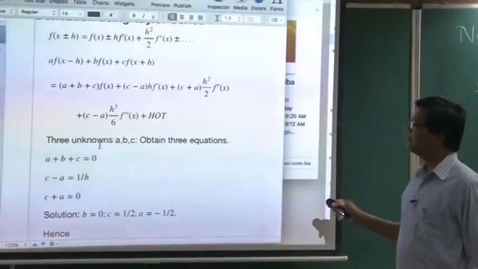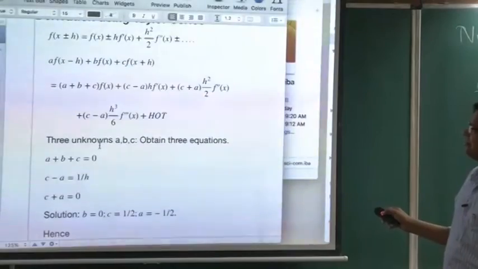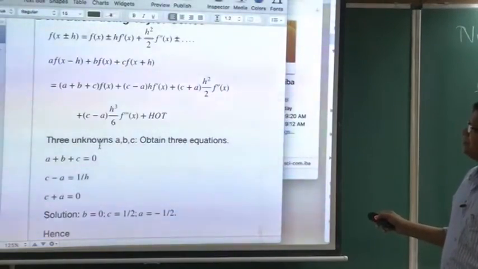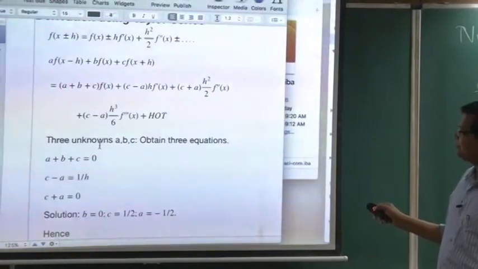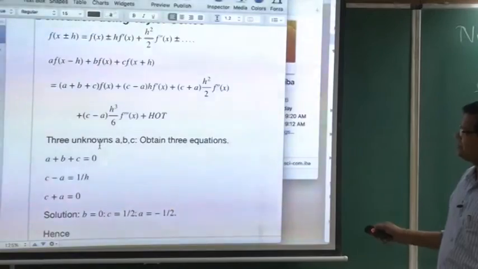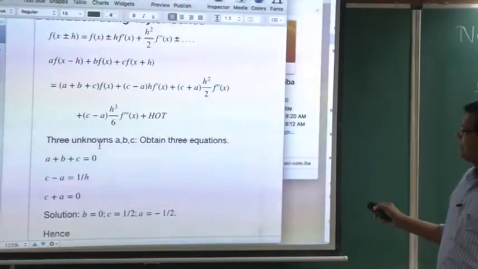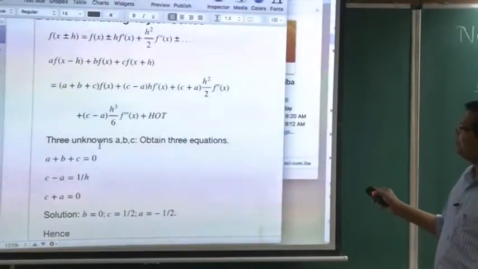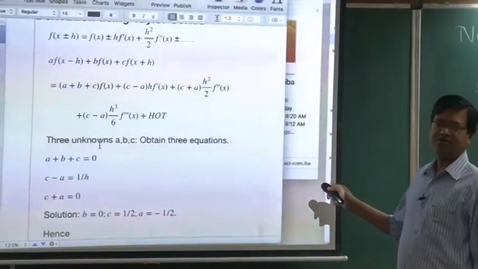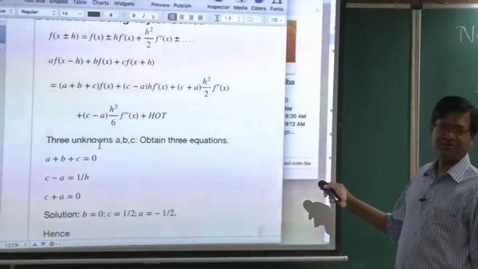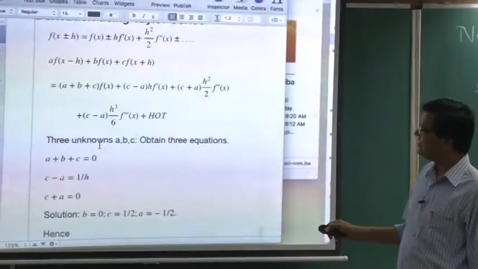Now, I want the first derivative. So, what should I do? I should set this to 0. I want this expression, c minus a should be 1 by h, and c plus a must be 0. I want accuracy up to second order, h squared. So, set these, then what will I get?